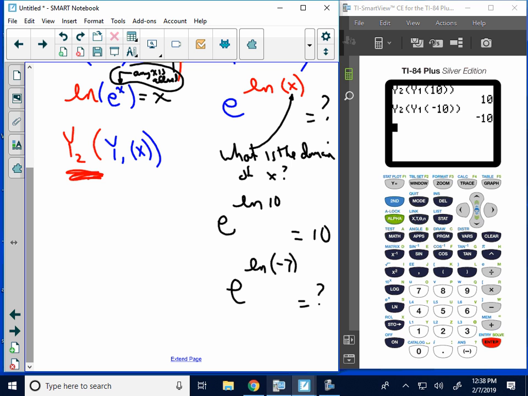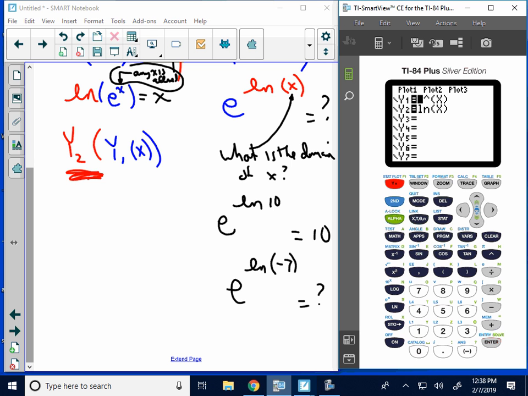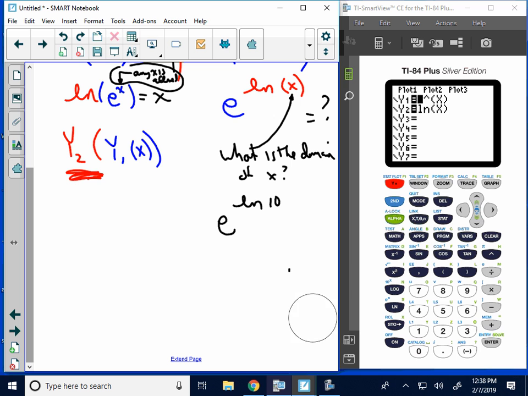Once again, y1 is the exponential and y2 is the log. So in this construction, I'm going to do y1 of y2 of 10, which is e raised to the natural log of 10 power.